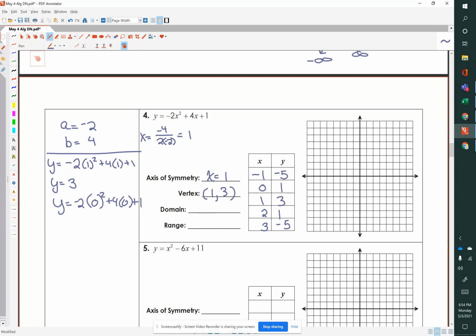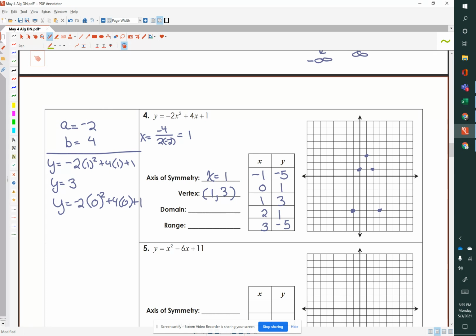So let's graph that. So that's -1, -5 right there, 0, 1, 1, 3, 2, 1, and 3, -5.